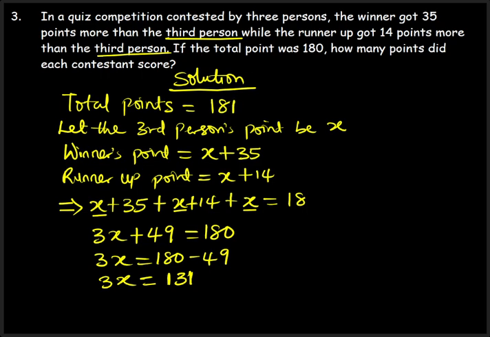Change that to 181, so that we can have a whole number when we divide. Sorry about that mistake. Let's make it a whole number so we can easily work with it.